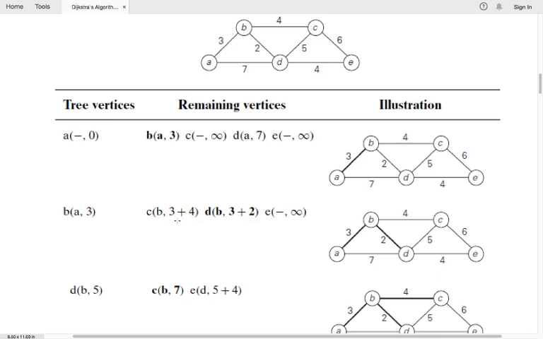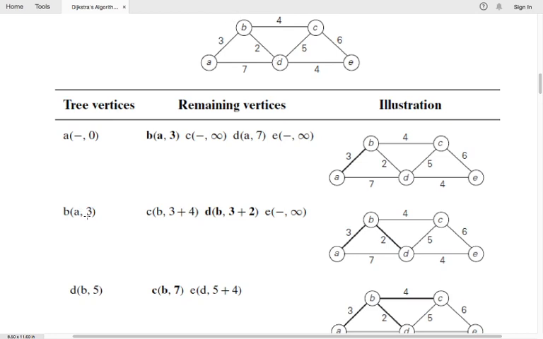This new value should be less than the previous value. The earlier value was infinity, and here it is 3 plus 4, so that is updated here. Now come to D. What's the previous value? 7, which means there is a direct path from A to D with a value of 7. Now what if I go through A to B and then B to D?